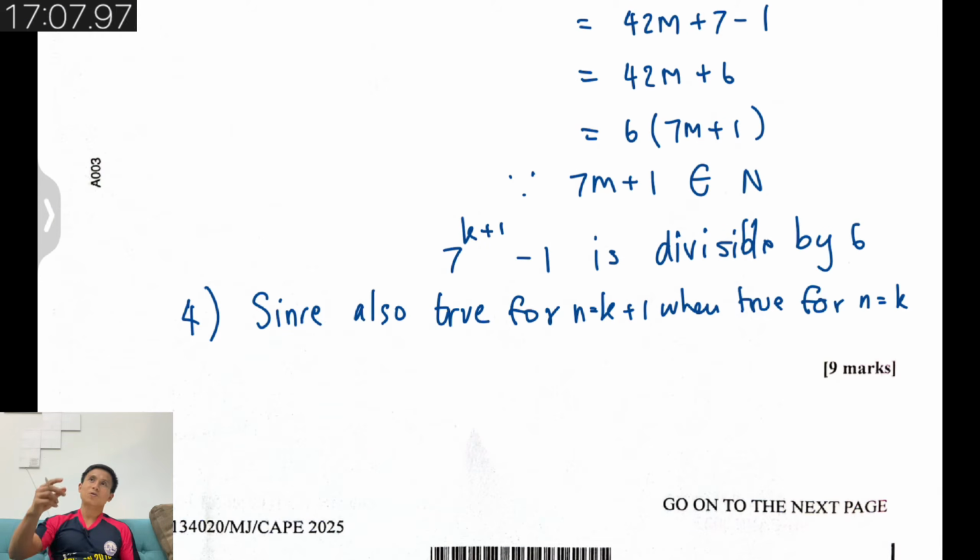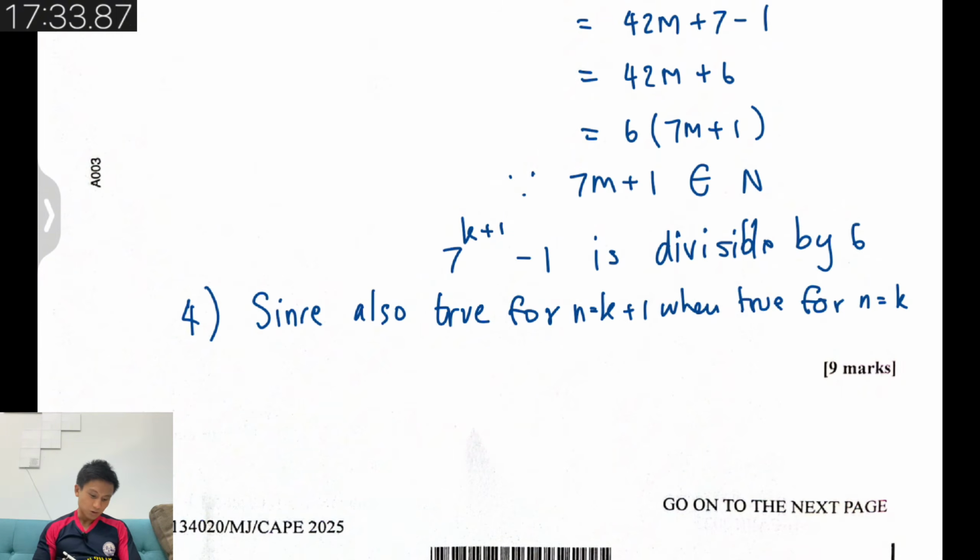So basically, whenever you say n equals k, k can be any number, like 5 or 6 or 7, and then it is also true for the next one. So let's say if k is 5, it's also true for 6. That means if you let k be anything, it's going to be true for the next one. So if you keep doing that for the rest of your day, you're going to see that k can be anything, so it's true for all n.